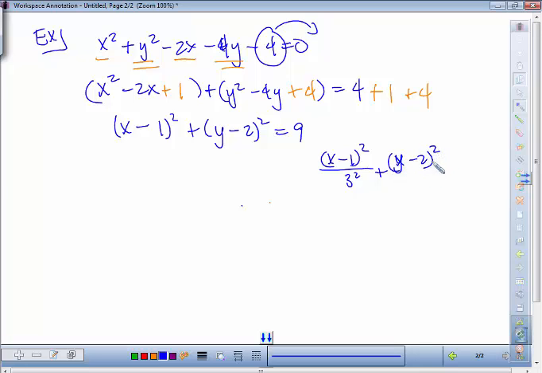And then we have y minus 2 squared over 3 squared, since we divide by 9 here also, is equal to 1. So because these are the same, if you imagine your ellipse having the same distance in the x and in the y, it looks just like a circle, and that's what it is. So this is a circle.